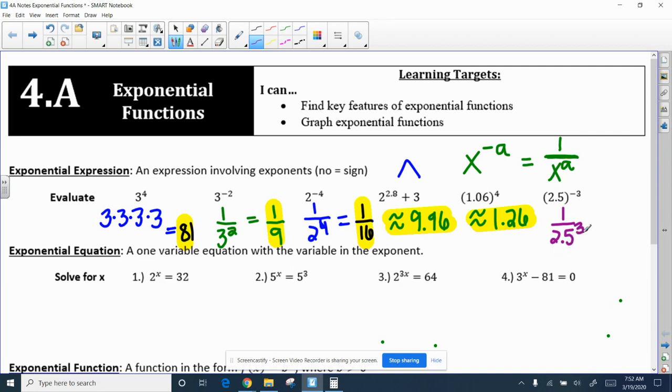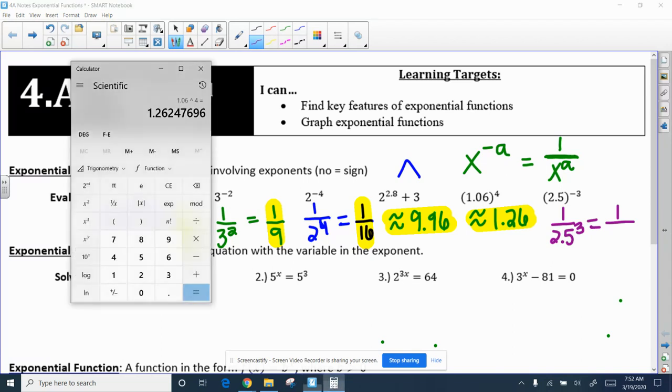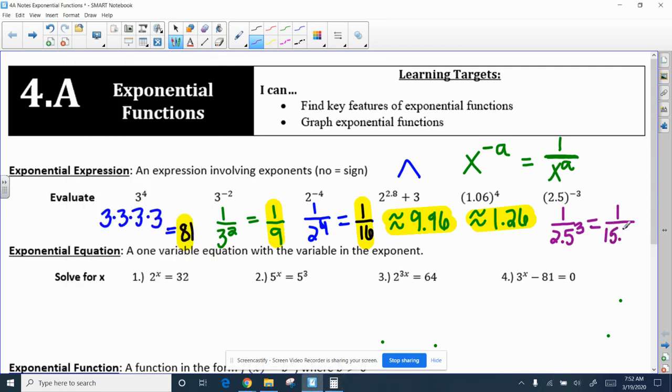Now, if I do 2.5 to the third power, it's going to give us a decimal number. So notice I'm only right now in the calculator going to do 2.5 to the third power, which is 15.625. So my fraction is actually 1 over 15.625.